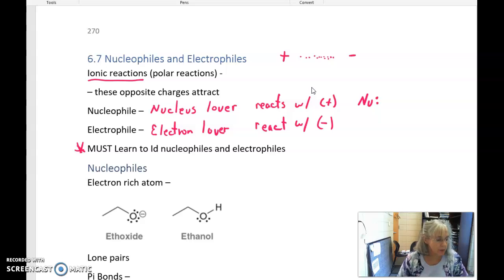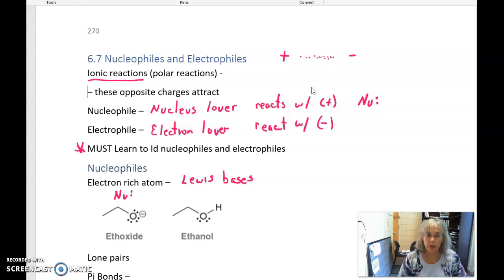So nucleophiles are electron-rich atoms. These are going to be Lewis bases. And these are lone pairs on the ethoxide, a good example of an effective nucleophile.